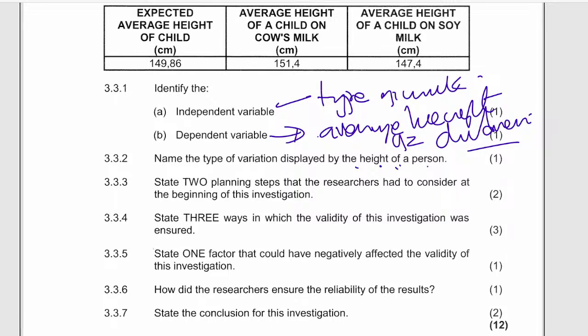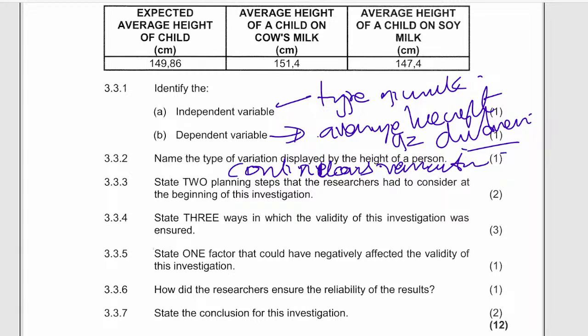Your height is not the same as when you were born, but the blood group you had is the same blood group you're having now, meaning that is discontinuous. But if it keeps changing, then that is continuous variation. So the answer here is continuous variation.